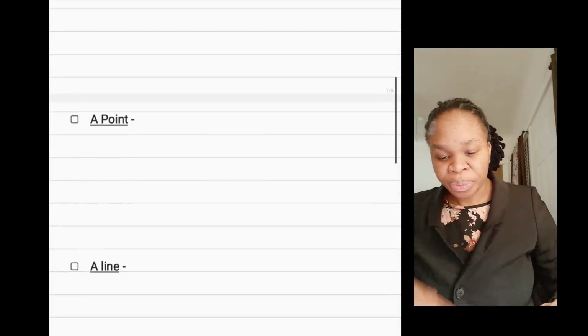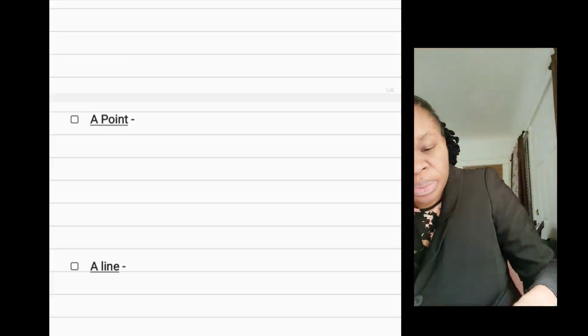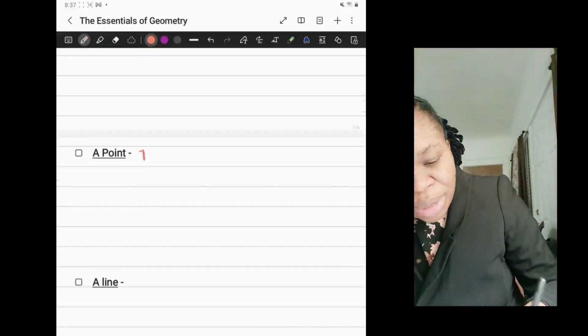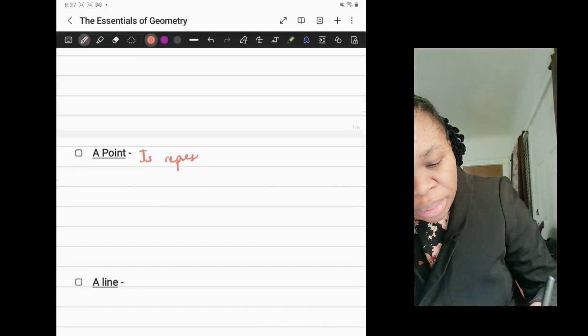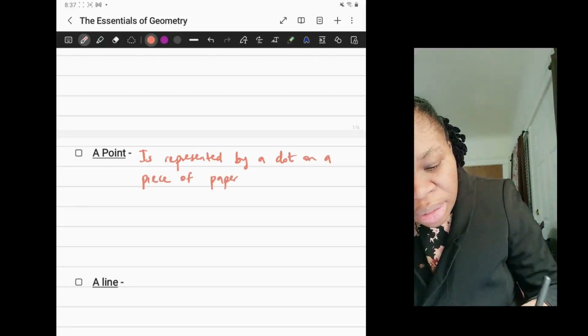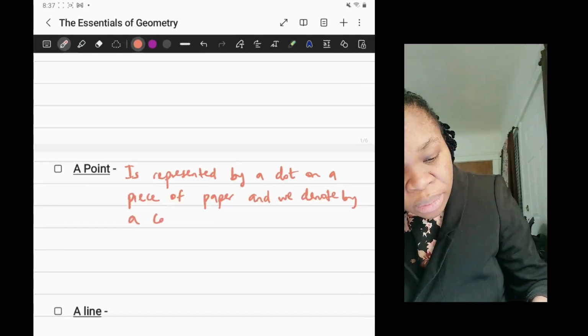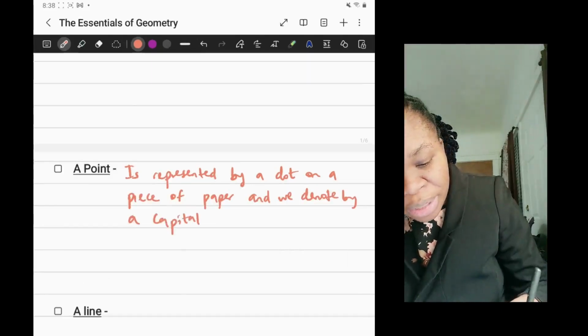The first one is a point. So when we say a point, what are we talking about? A point is represented by a dot on a piece of paper, and we denote it by a capital letter.